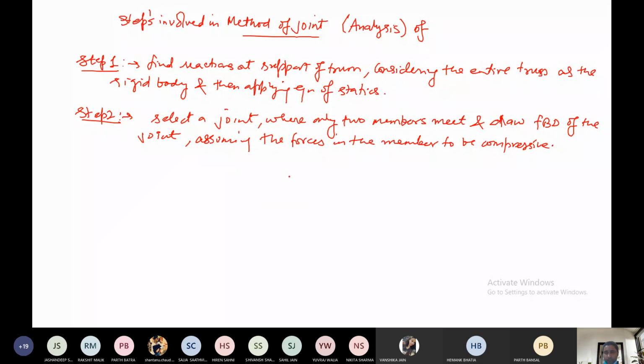So I am writing it also along with dictation so that you can check if you lose any step or any point. So this is step number 2.